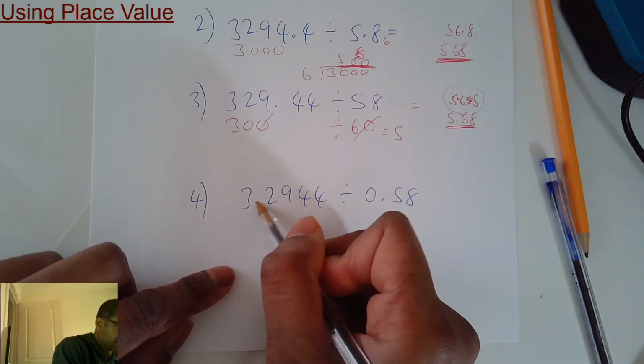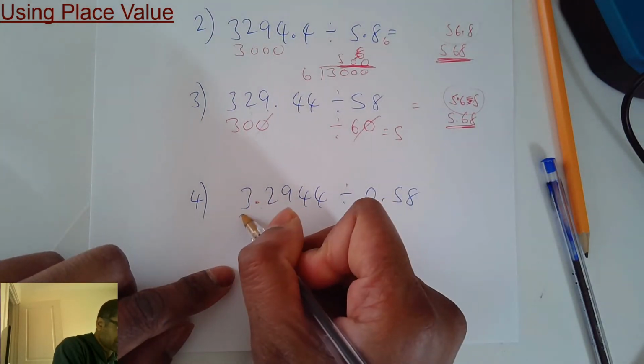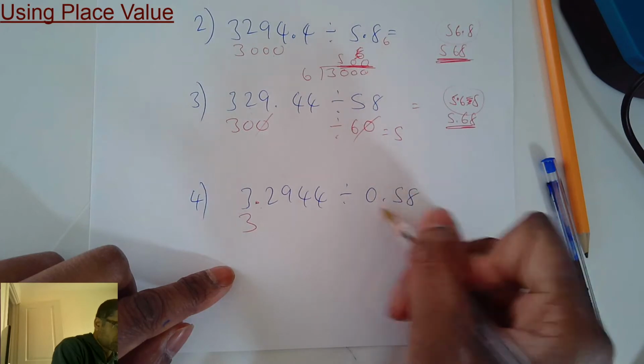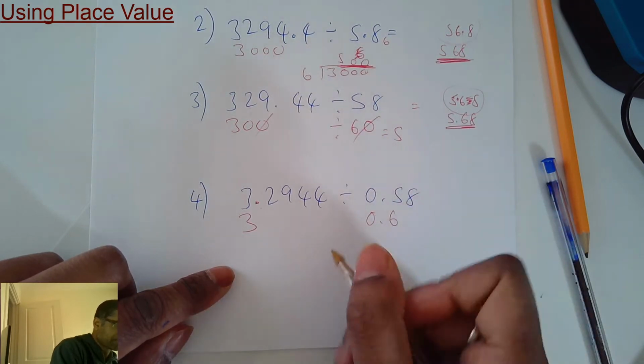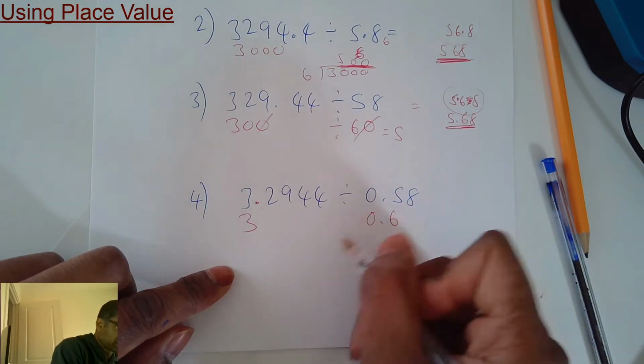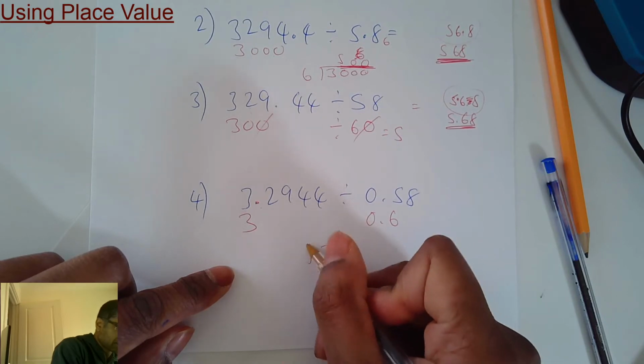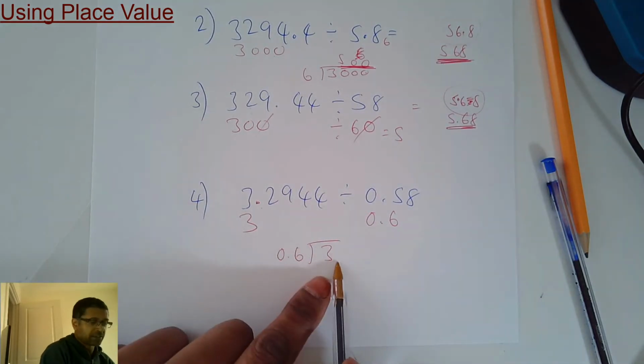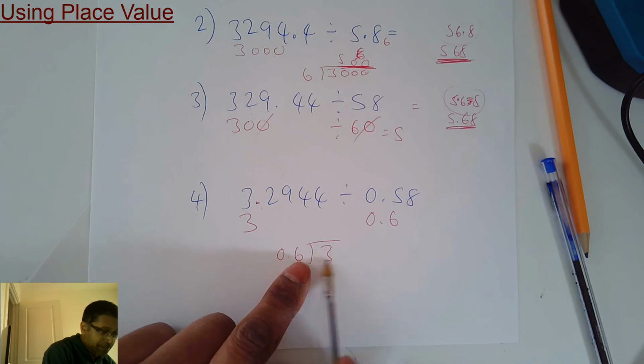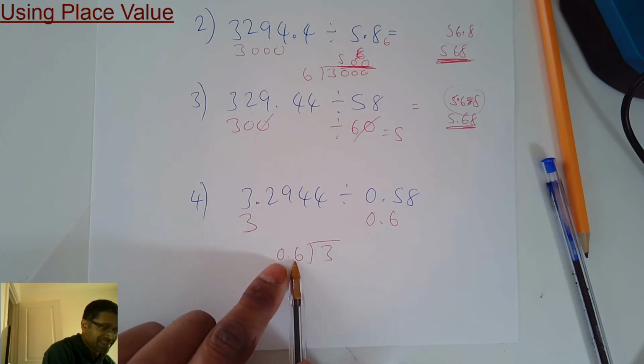Right, that number there is 3 point something. That's around about 3. And round that to one decimal place, 0.6. So we're doing 3 divided by 0.6. Now, I don't like dividing by decimals. I don't mind if this bit is a decimal, I can deal with that, but I don't like the number outside to be a decimal.